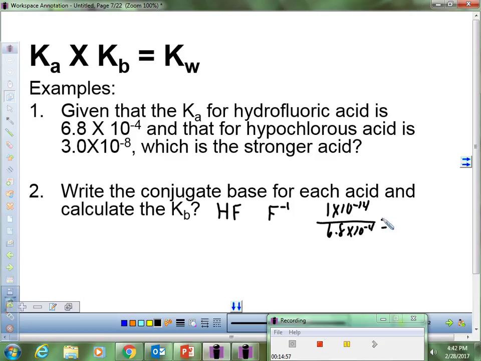And we would find that this equals 3.3 times 10 to the negative 7.